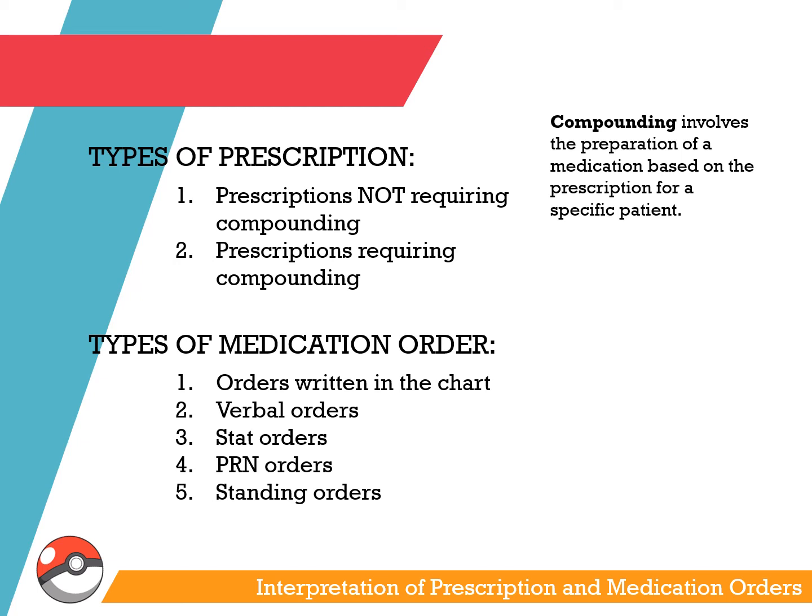Compounding involves the preparation of medication based on the prescription for a specific patient. While medication orders can be in the form of orders written in the chart, verbal orders, stat orders, PRN orders, or standing orders.